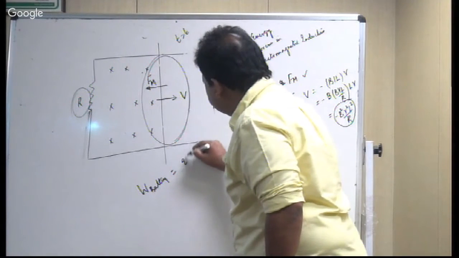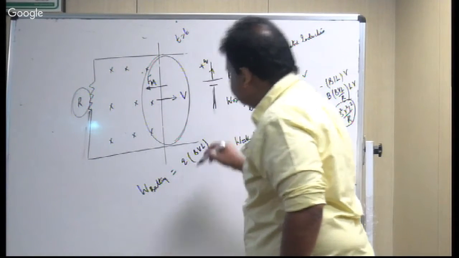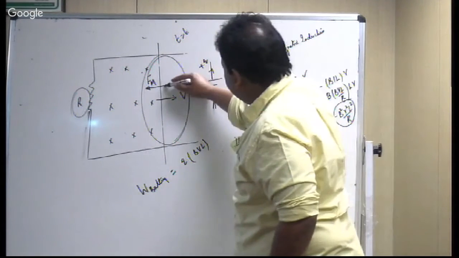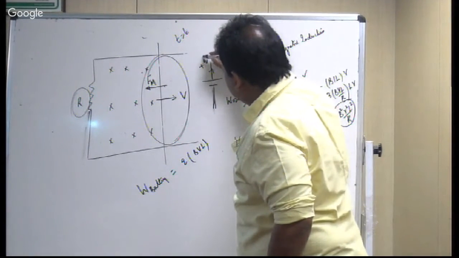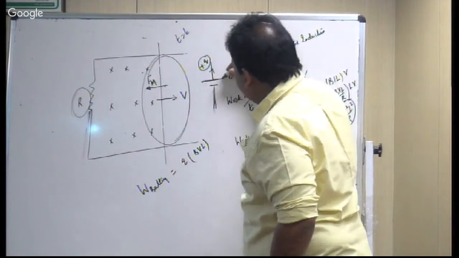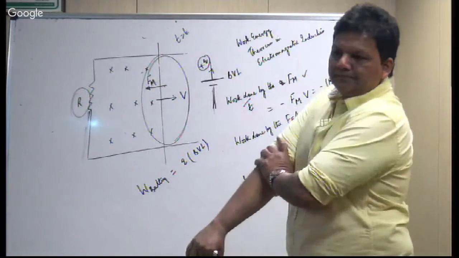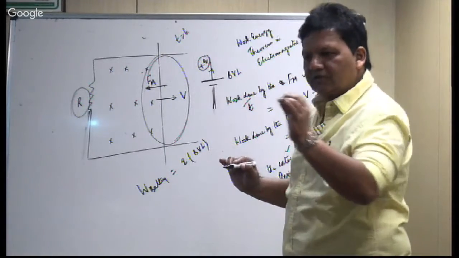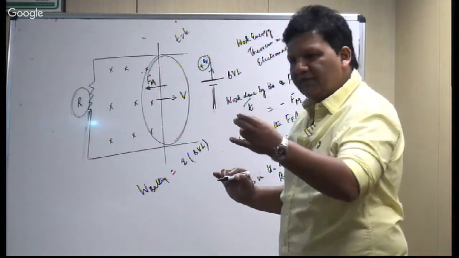Charge. And this work done will be positive because a positive charge is coming out from a positive terminal. Work done by the battery is potential difference into charge. Charge is Q, potential difference is BVL. This is the work done.